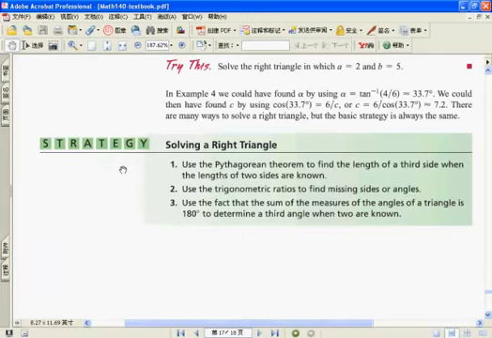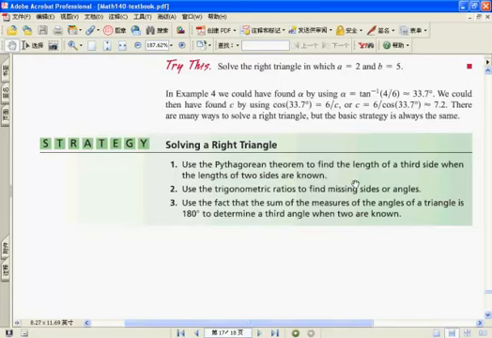Okay, now let's come back to page 481. Let's review this strategy for solving a right triangle. We just have seen some examples about solving a right triangle. Step 1, use the Pythagorean theorem to find the length of the third side when the lengths of two sides are known.